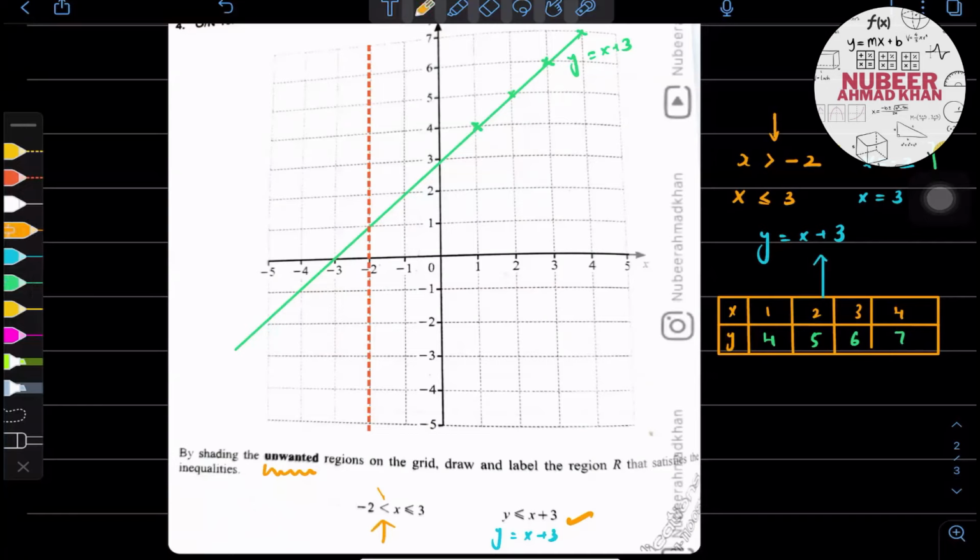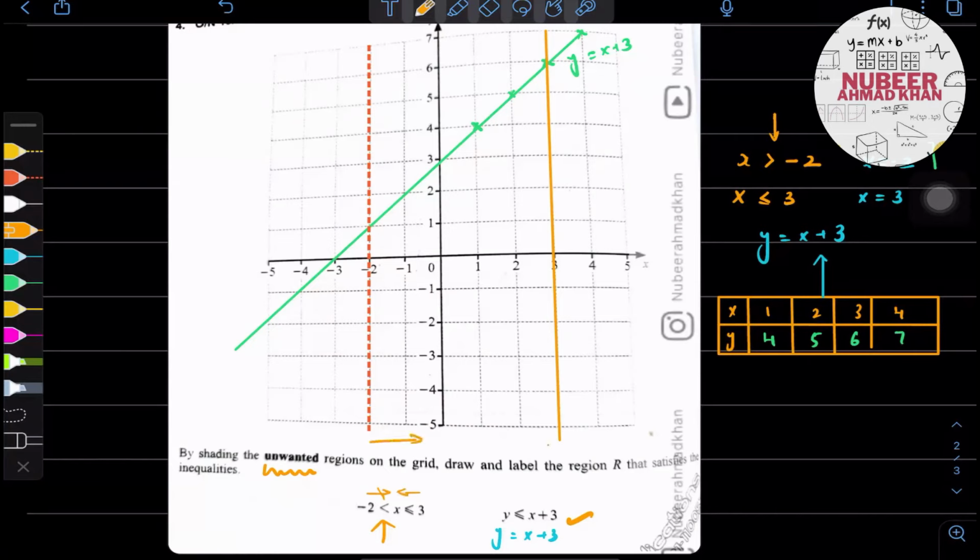Okay, what about the next line? So we will make a bold line vertically on 3. बिल्कुल ठीक है. अब a bold line vertically where x has a value of 3. So these are the three lines that need to be drawn. Now, when you look at the inequality, you can see the wanted region is between -2 and 3.